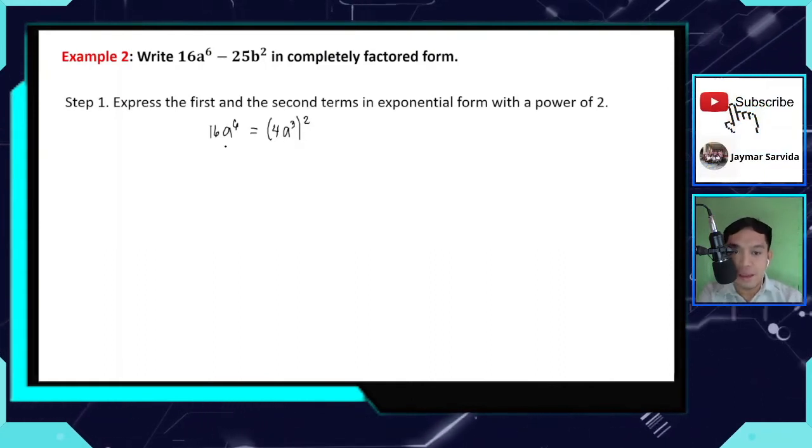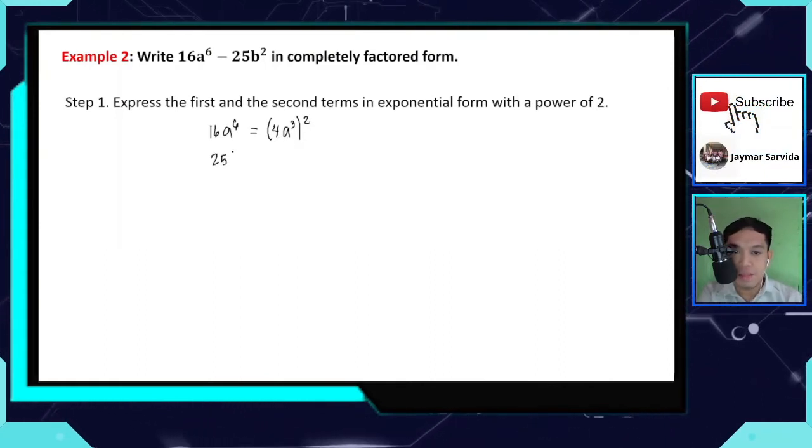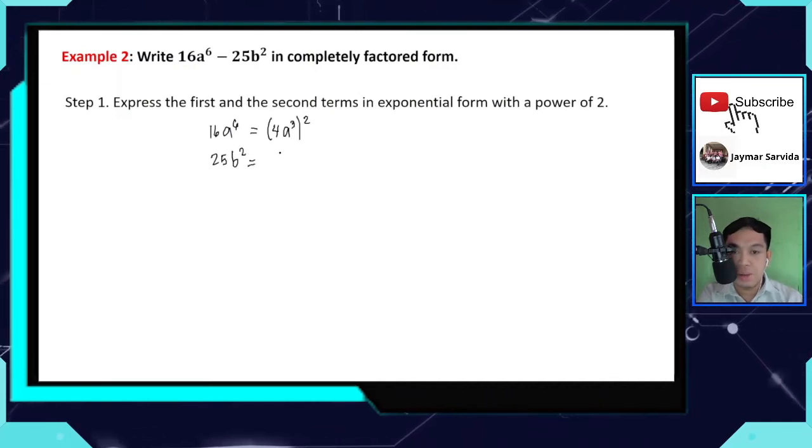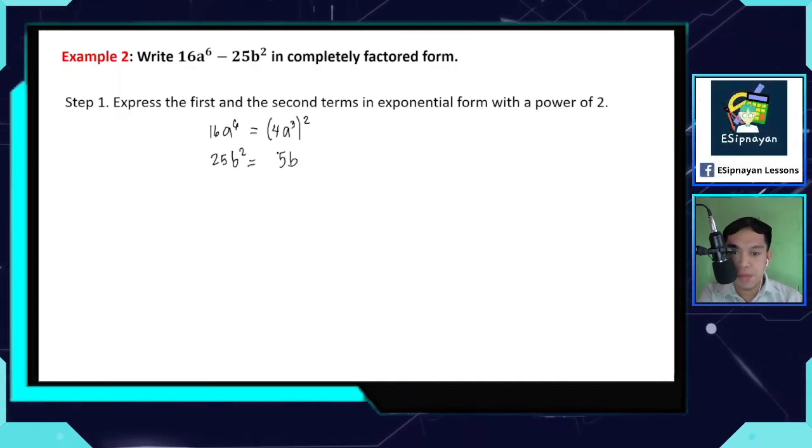Then, yung ating 25b squared naman is equal to the quantity of 5b squared.